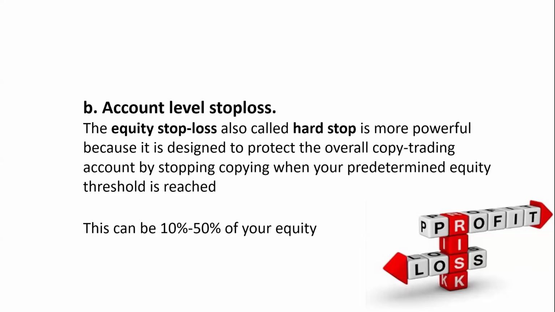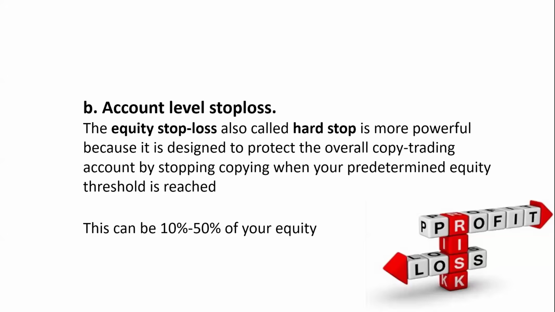So let's assume you have $1,000 on your account. You can put the overall stop loss, which is the hard stop, on that account at maybe 10% or maximum 50%. So no matter what happens in the market, if you put it on 10%, once you get to minus 10% of your equity, that is, if it's $1,000, once you hit minus $100, this stop loss will activate and you cannot lose beyond that.